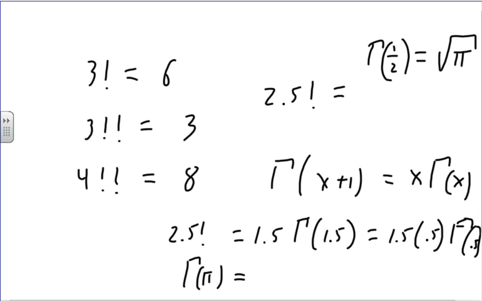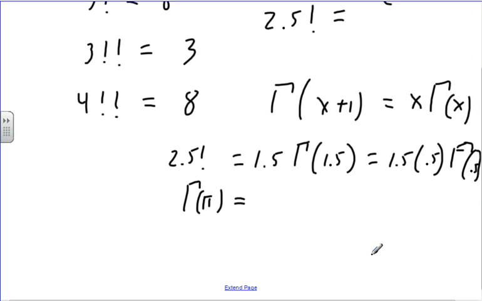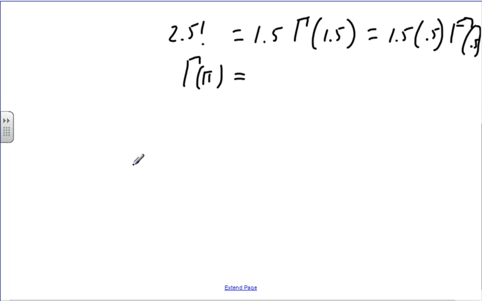Well, next time we're going to need the gamma function because of the Laplace transform. It's sitting there on page 271. If I take t to the a, where a is greater than -1, I have to use the gamma function to find it. But if I don't have a gamma function table, I'm sort of hosed.